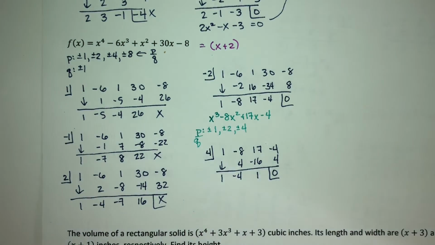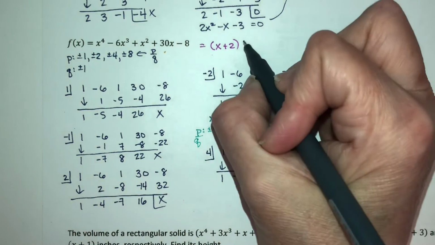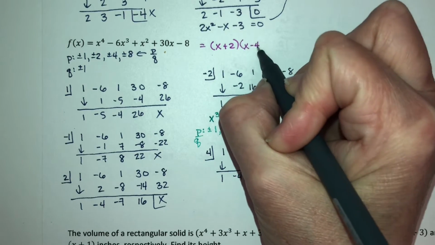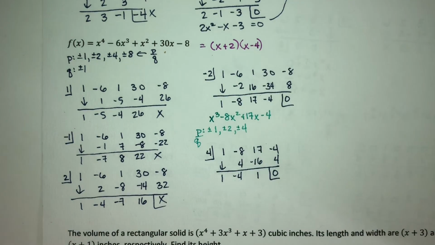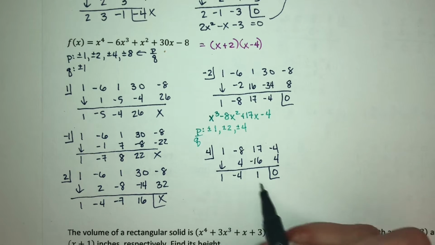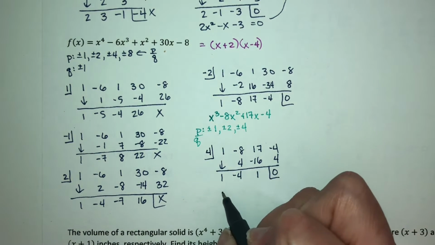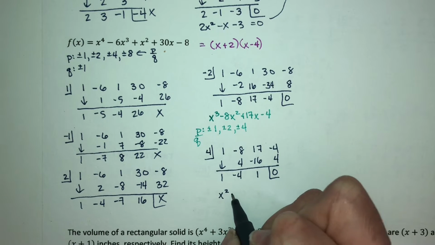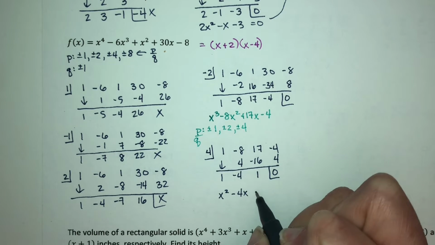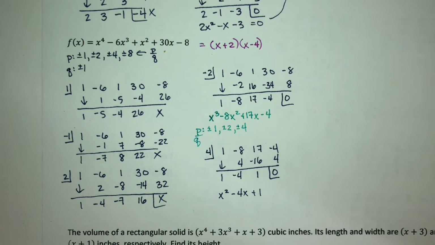Here I've got another solution. 4 is another one of my solutions. So x minus 4 is also a factor. And now I want to keep going with this depressed equation, which is x squared minus 4x plus 1.